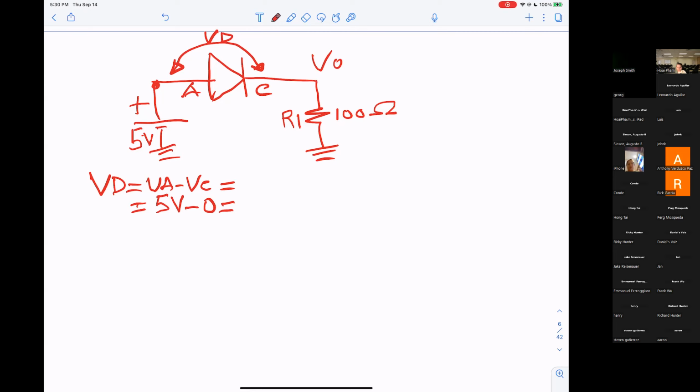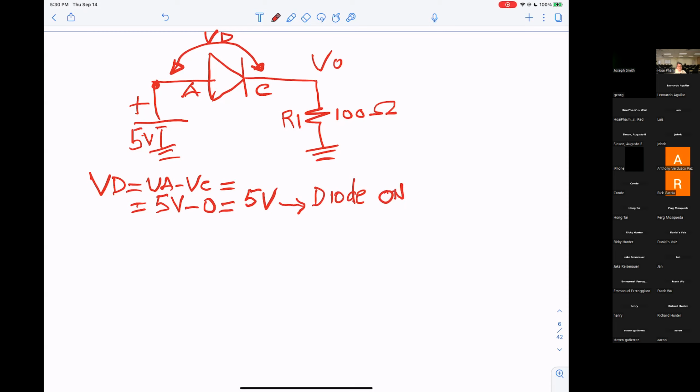That will be telling you that will be 5 volt. Only thing I want to tell you, you can say the diode is on.